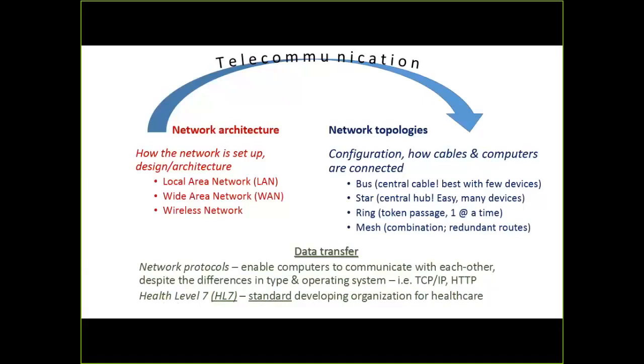So when you see, let's say, that HTTP on the web address, you're talking about having a network protocol, right? Health level 7 is a standard that is specific to healthcare. It develops standards for healthcare organizations. So if you run into this type of question, please don't forget that.